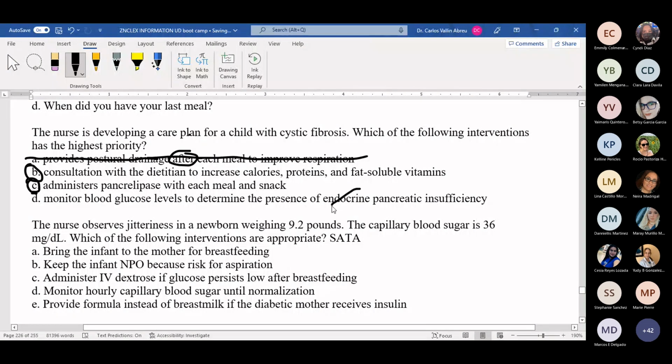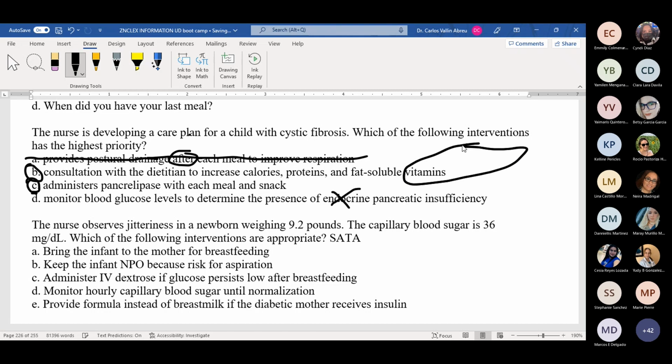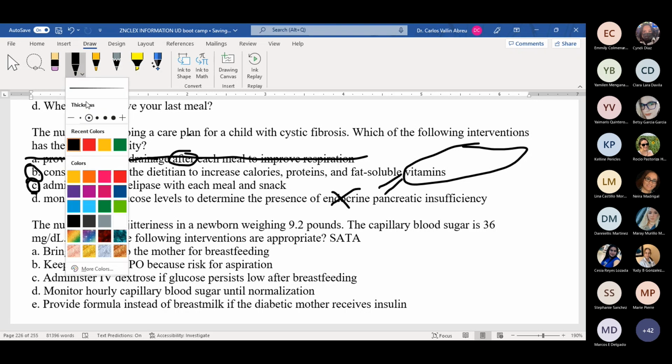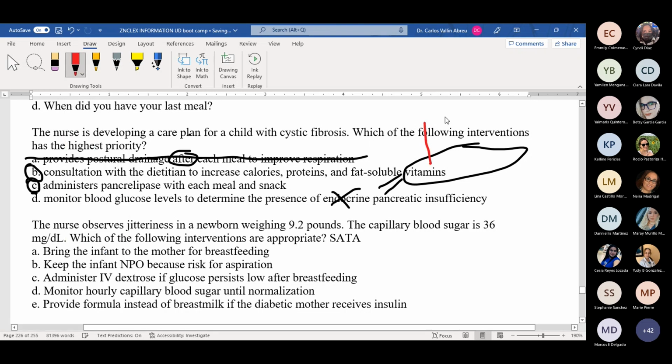Endocrine pancreas is not affected by cystic fibrosis, only the exocrine pancreas. The pancreas has two functions, endocrine and exocrine. The endocrine function is the production of insulin and glucagon that is released into the blood. This part is not affected by cystic fibrosis.